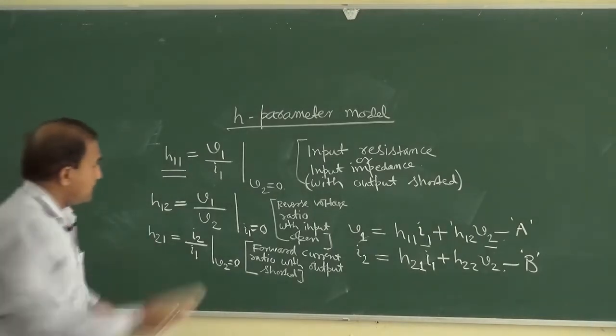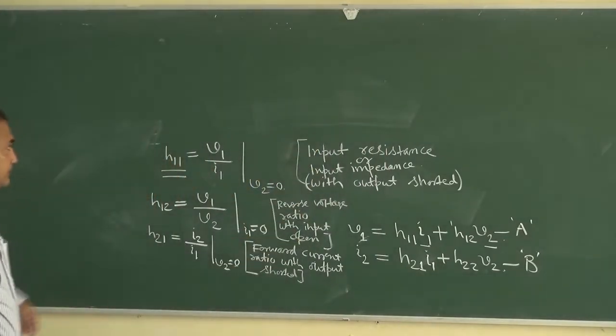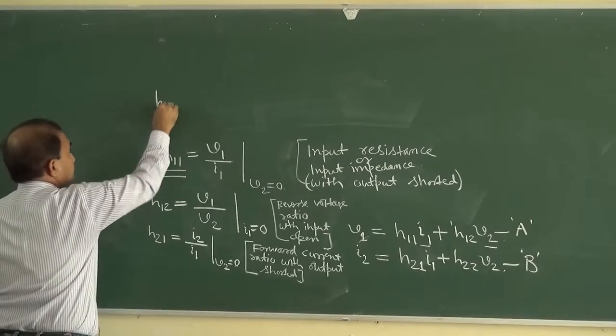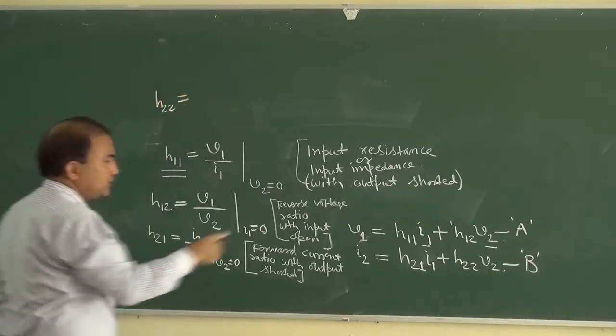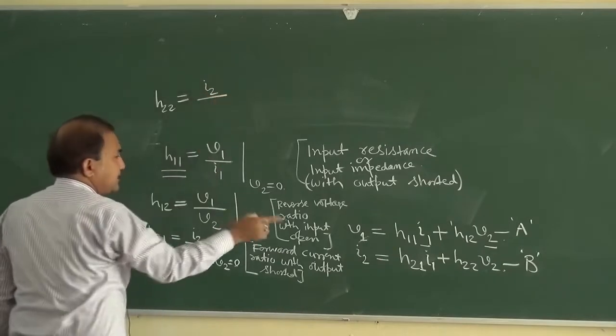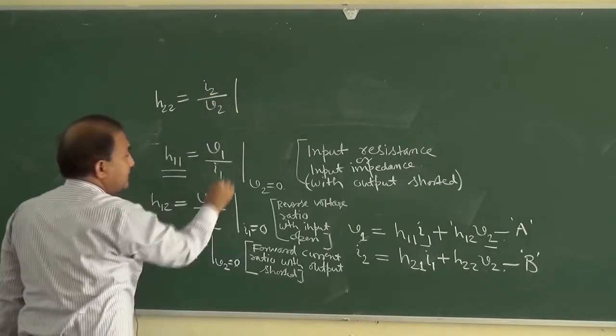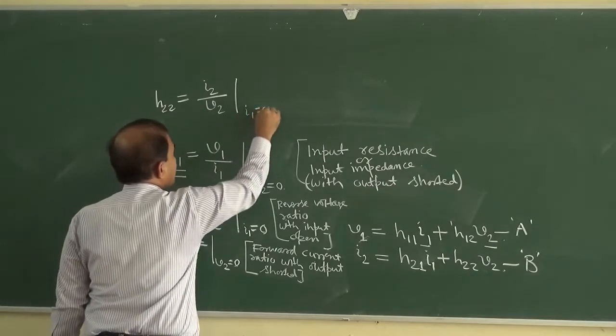Similarly, how we can determine H22? It is equal to I2 divided by V2 when I1 is equal to 0.